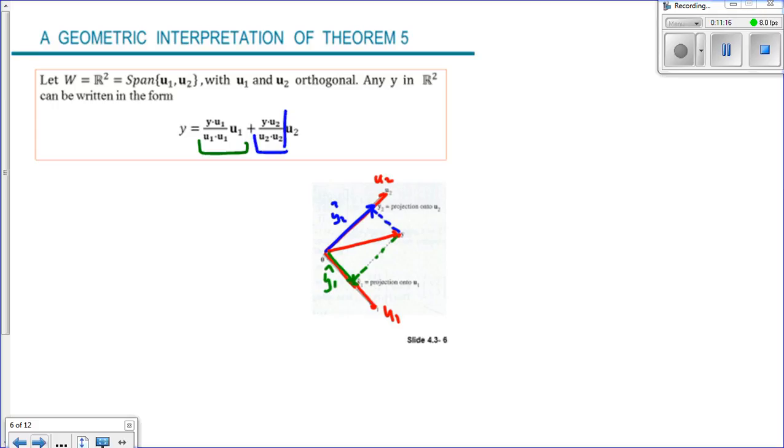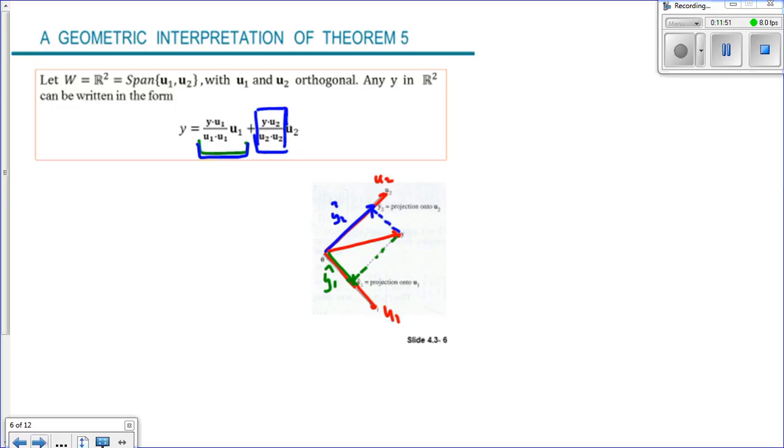If we were trying to write it as a linear combination of two vectors that were in an orthogonal basis, those weights are just the vector y projected onto u1, which is y dot u1 over u1 dot u1, times u1, plus the vector y projected onto u2, which is y dot u2 over u2 dot u2 times u2. So these are just the projections onto each of those two vectors in that orthogonal set.